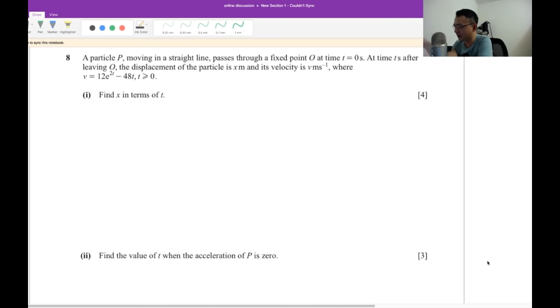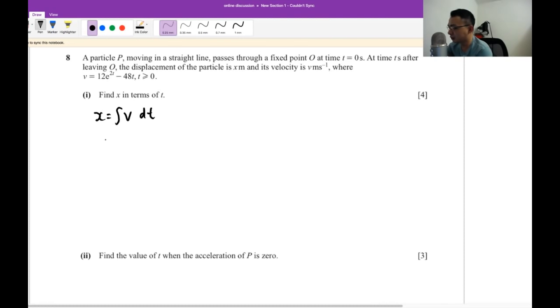A particle P moving in a straight line passes through the fixed point O at time t equals 0. At time t seconds after leaving O, the displacement of the particle is x meters and the velocity is this one. Find x in terms of t. In order to find x, we need to integrate v dt.